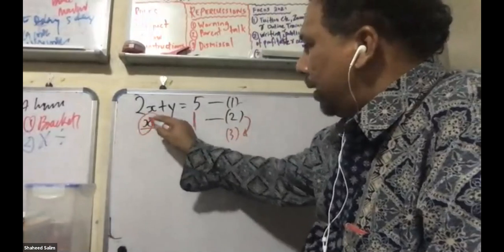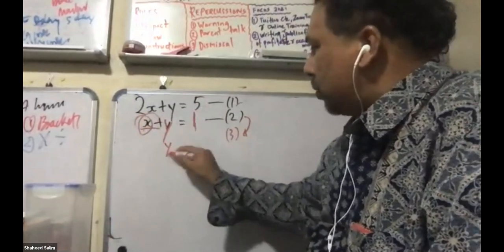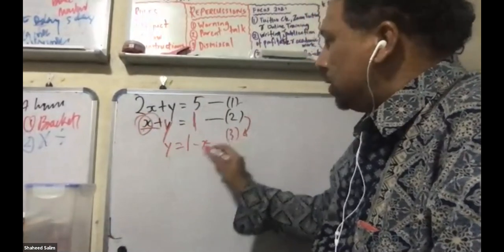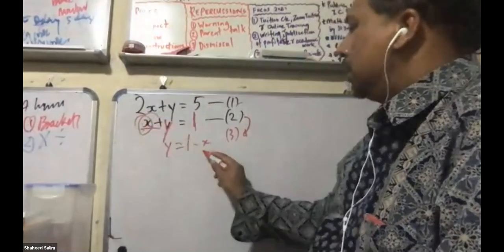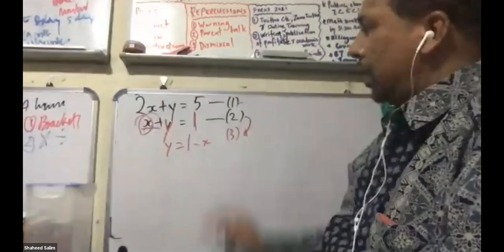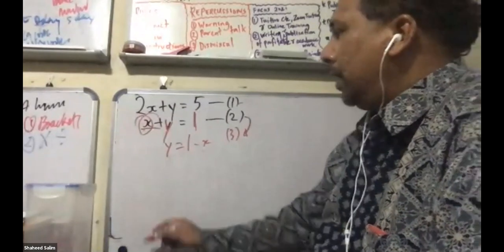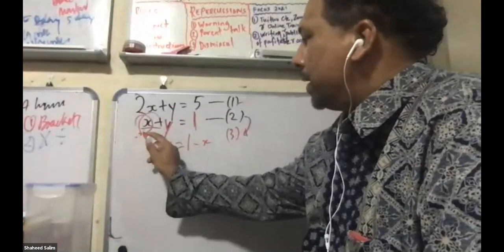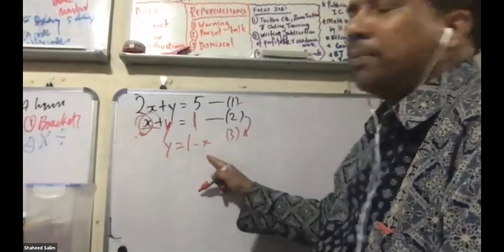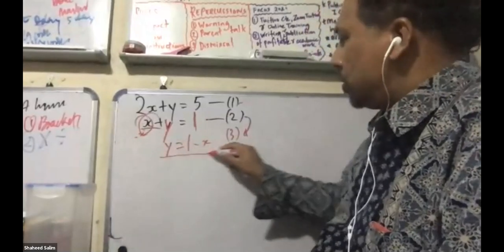I put the x, I bring that side, this y equals to 1 minus x. Y become plus x, now become minus x. I bring it to the other side. If you don't understand this, how to get rid of this? Minus x here, so you must minus x here. It's also 1 minus x. So this is equation 3.